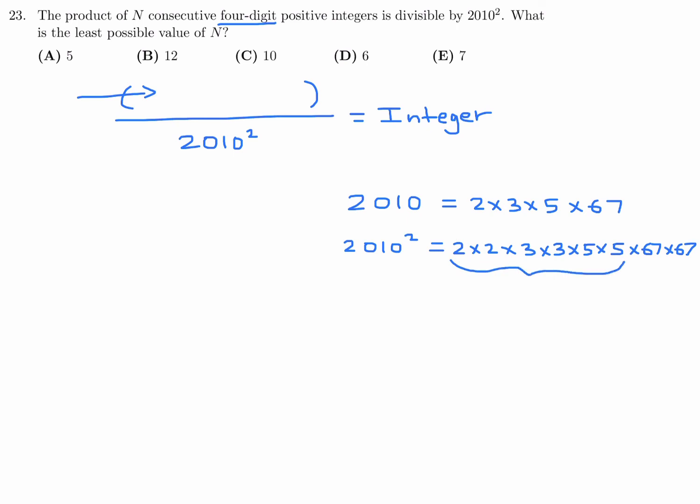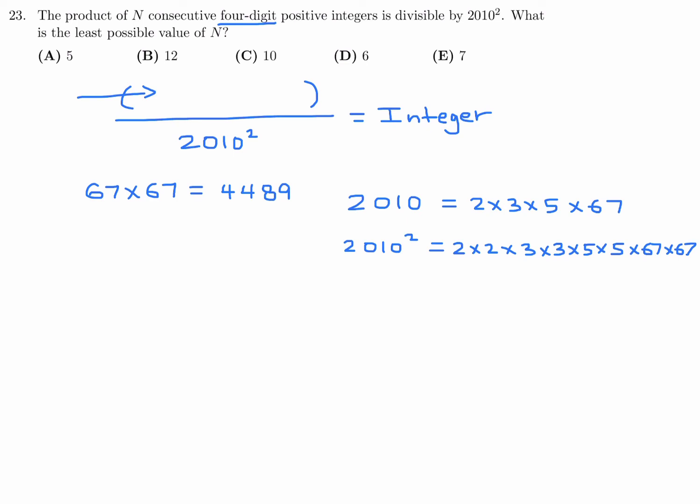Interestingly, even if you take all of them and multiply them together, you still don't get a 4-digit number. You get 900. So the only way to get a 4-digit number that includes the prime factors is to involve the 67s. Obviously one such number would be 67 times 67. That's definitely going to be one such 4-digit number, and that number is 4489.